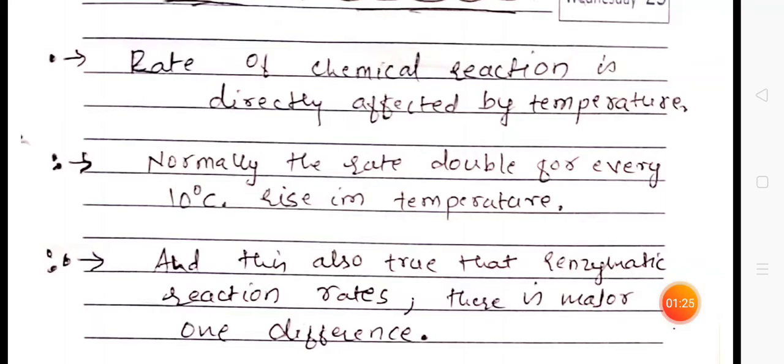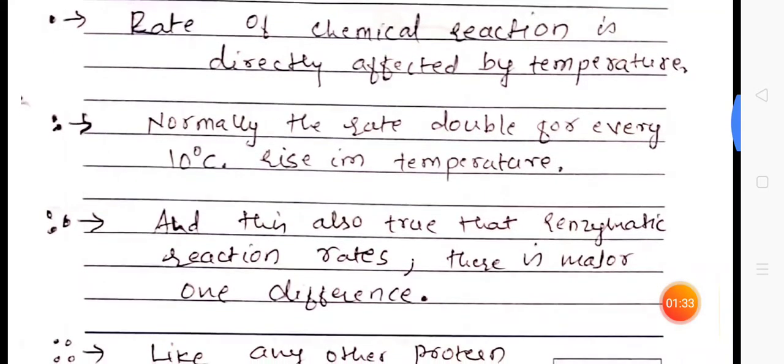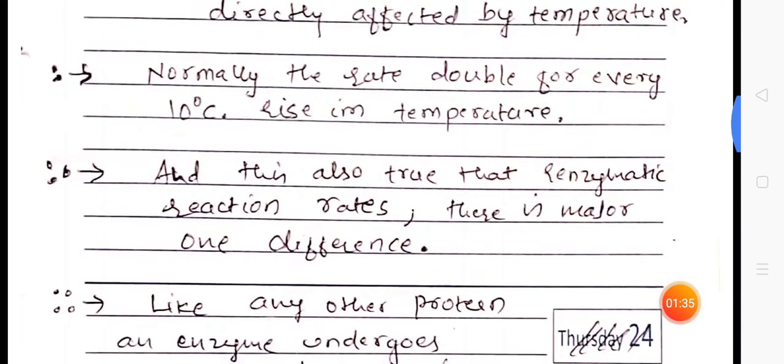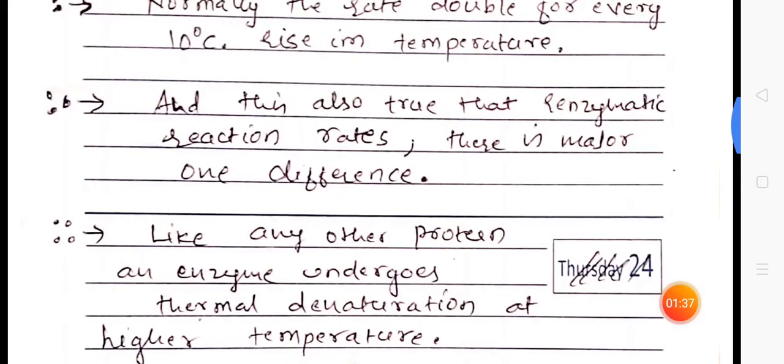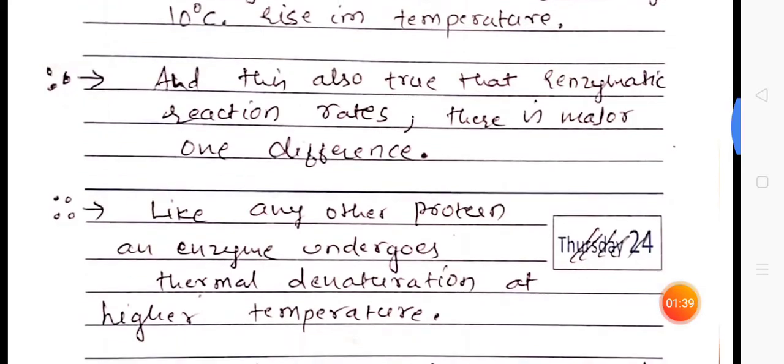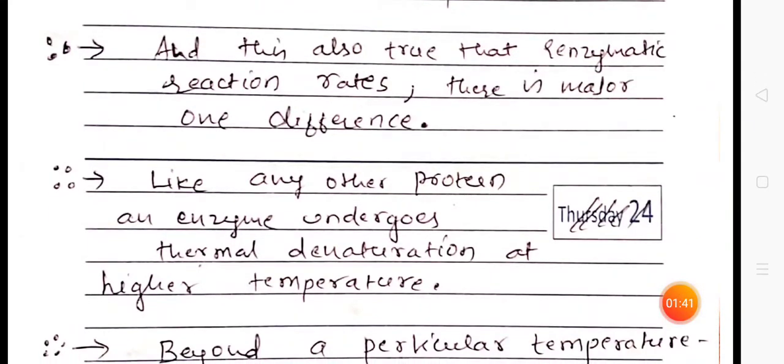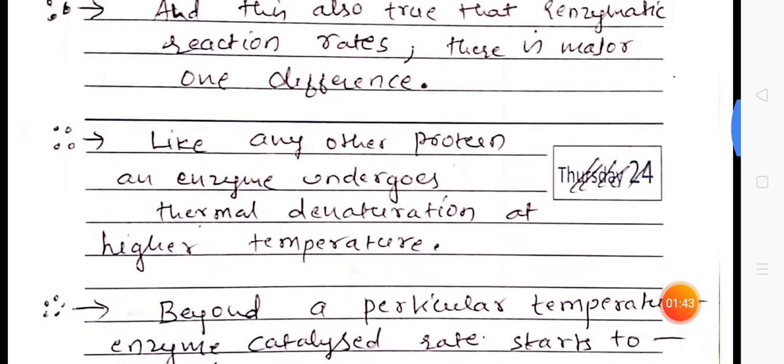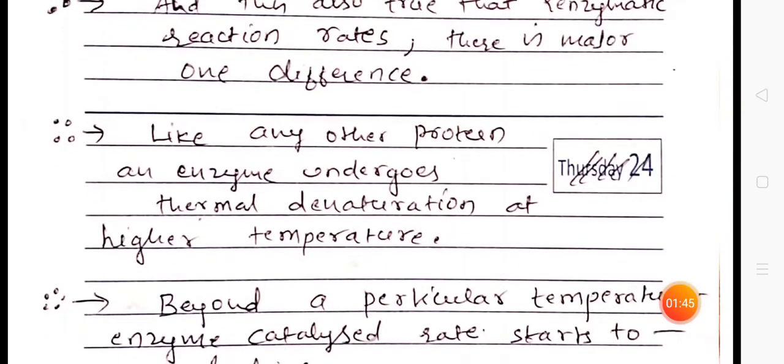Normally the rate of reaction doubles for every 10 degrees centigrade rise in temperature. This is also true for most enzymatic reaction rates, but there is one major difference.